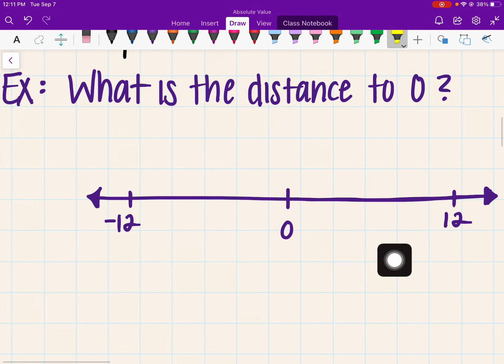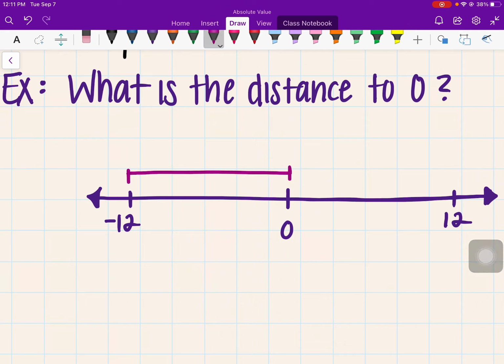So let's take a look at what we have in purple. I want to find the distance between the numbers we have here and 0. If I start from -12 and go all the way to 0, the distance between -12 and 0, or 0 and -12, is a positive 12. Distance is positive.